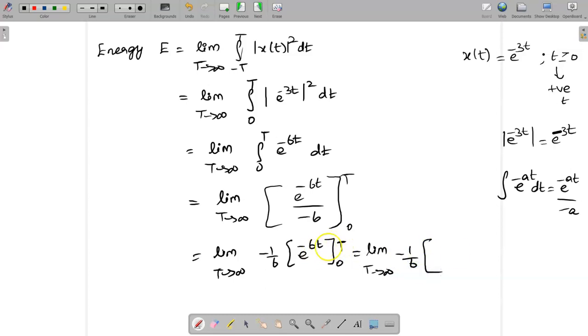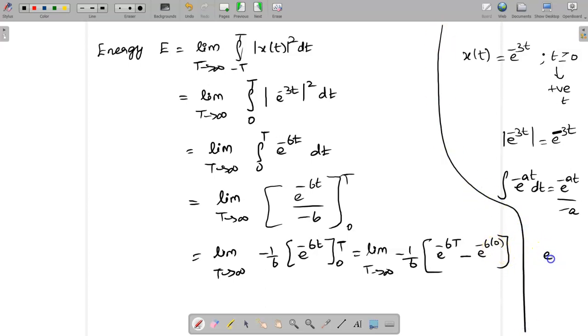Substitute your upper limit: wherever I have t, I replace it by capital T, so e power minus 6 into capital T. Substitute your lower limit. While substituting the lower limit, I put one minus sign, and then replace t by 0, so e power minus 6 into 0. 6 into 0 is anyway 0, so e power minus 0 or e power plus 0, both values are 1. So this becomes 1.